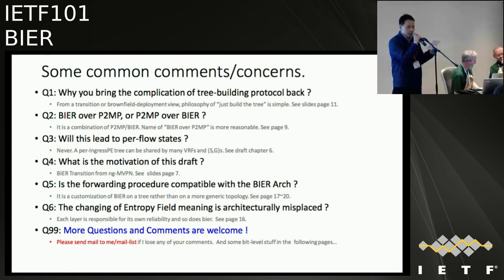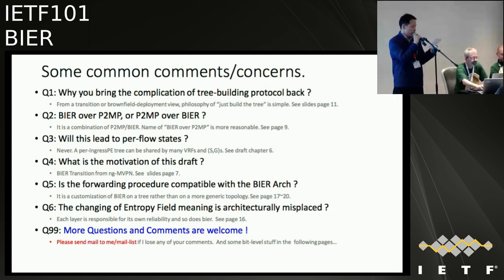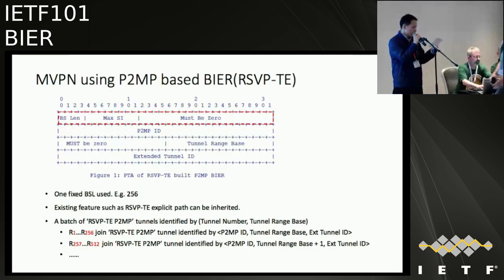Because if something important lost, like leaf, or some more complicated things are required, like hardware upgrade, then it is a backward step and makes the deployment very complicated. So that's it. And in the next page, some common comments are listed.